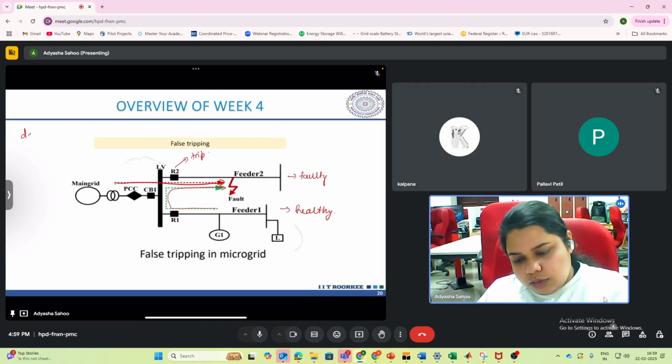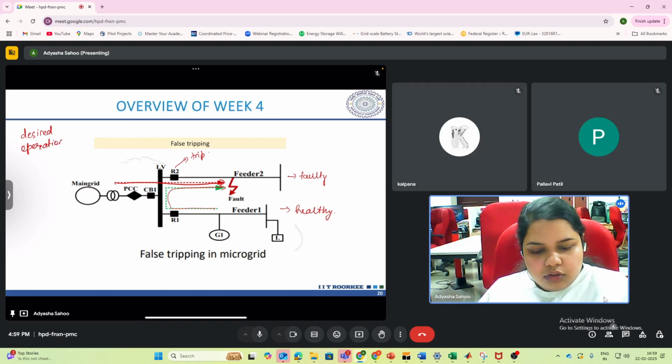What is the desired operation for this? Basically, to remove this faulty feeder from the healthy feeder, what is the desired operation for relay R1 and R2?